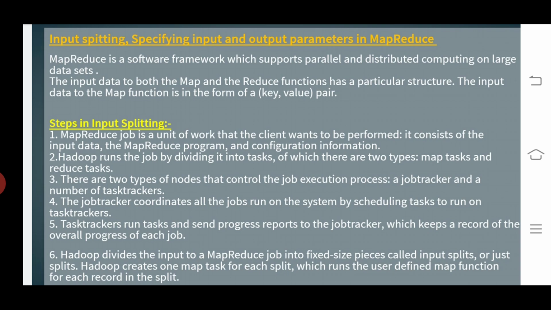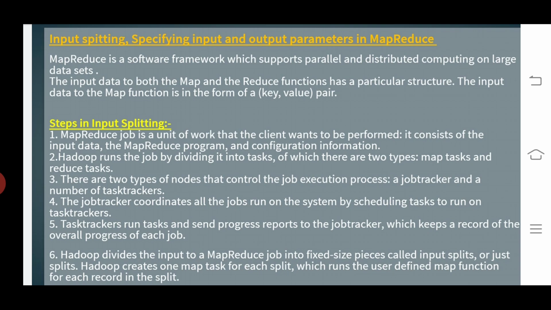Now we move to step 2. Hadoop runs a job by dividing it into tasks, of which there are two types: the first one is the map task and the second one is the reduce task.